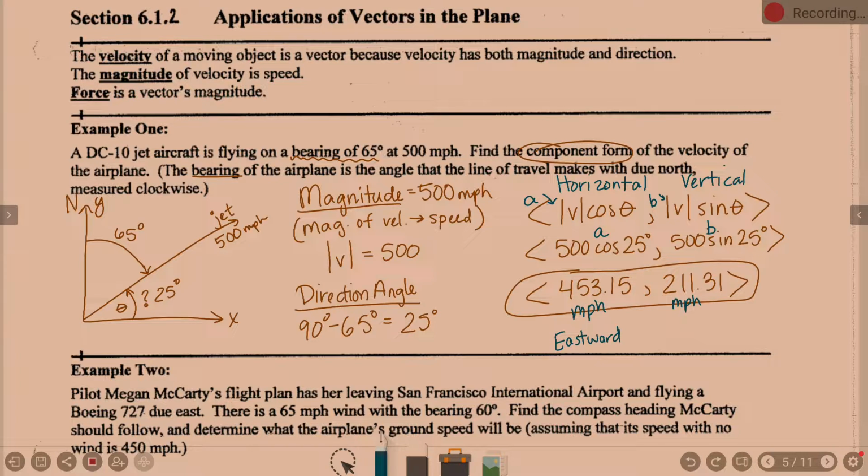That's your speed as you're going east. And 211.31, that's your vertical component, north-south, but this one is northward. So what this vector represents is that this plane is going 453 miles per hour in an easterly direction and 211 miles per hour in a northerly direction. Maybe I should have used easterly and northerly.